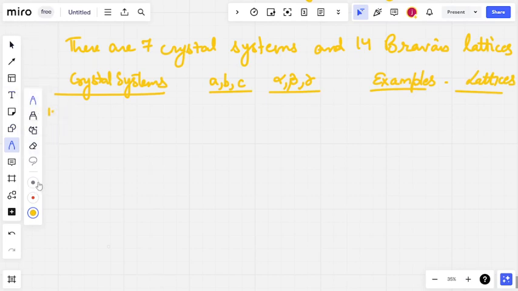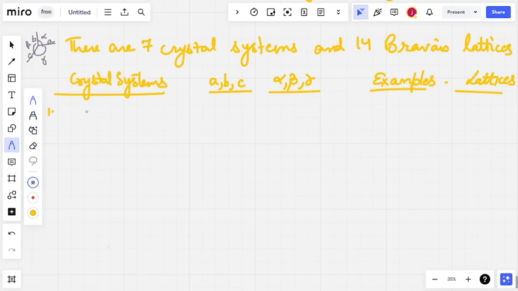So if I am having any solid crystal, then it will have the A, B, C as the parameters. A is the length in this direction, B is the length in this direction, and C is the length in this direction. Similarly, alpha angle, beta angle and the gamma, these are the three angles also.